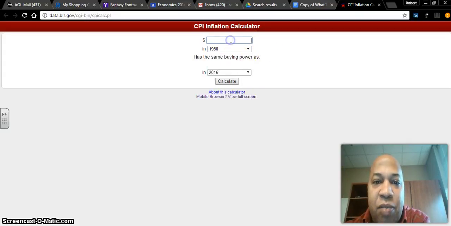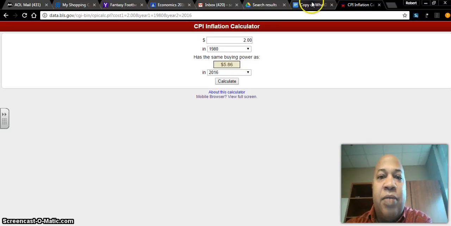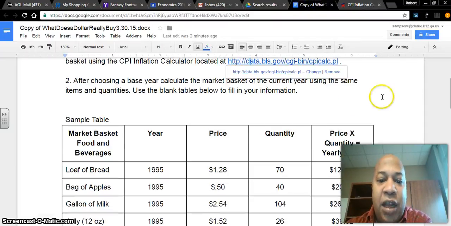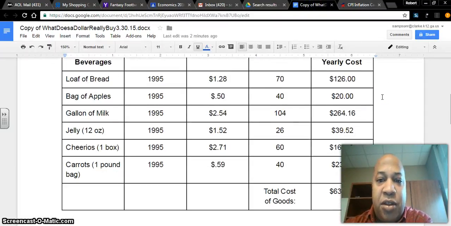So in 1980, you'd plug in $2, and then you would calculate the same buying power, which is 586, right there for whatever item that you had. So really, the math should have been easy if you're just multiplying P times Q to get the yearly cost.